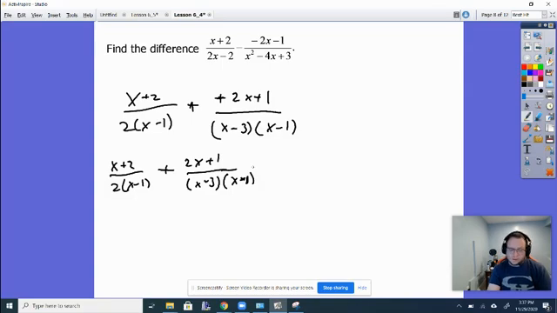At this point, I want to see what I'm missing, what I need to multiply by. So I've got a 2 here, I've got an x minus 1 here, I've got an x minus 3 and x minus 1. So my first term is missing this x minus 3. My second term is missing this 2. So the first term is going to get multiplied by x minus 3. Let's put some parentheses around these.